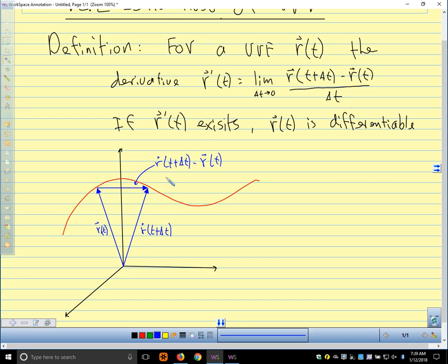That's a difference. And what we're doing here is taking the limit as delta t approaches 0. So this vector gets closer and closer to the curve, just like we did with the scalar function. And as a result we're going to get a vector here, r prime of t.